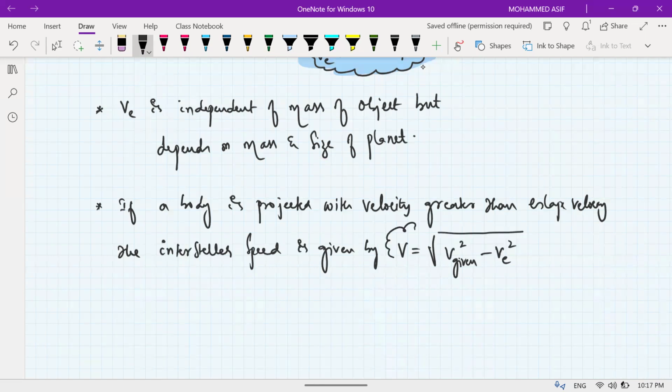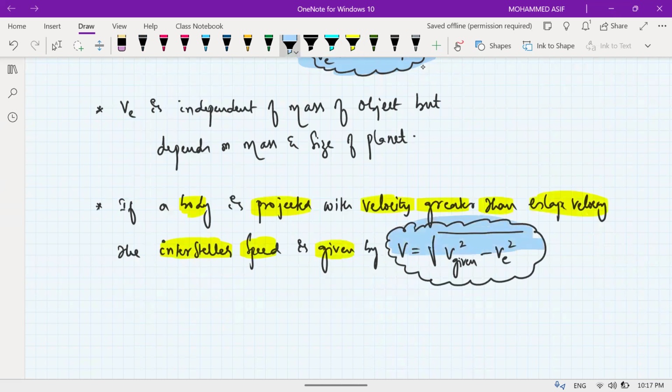That will give me the interstellar speed. The condition is what, beta? If the body is projected with a velocity greater than the escape velocity, then the interstellar speed is given by v is equal to under root of given velocity square minus escape velocity square. Clear?